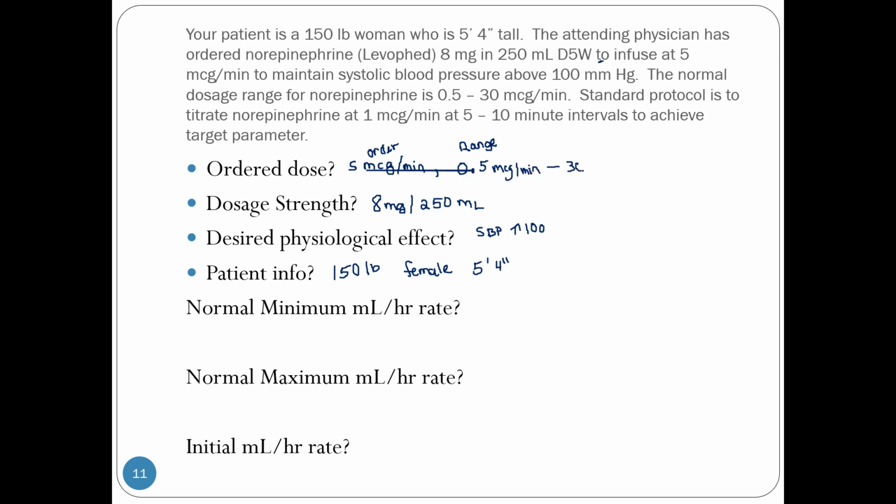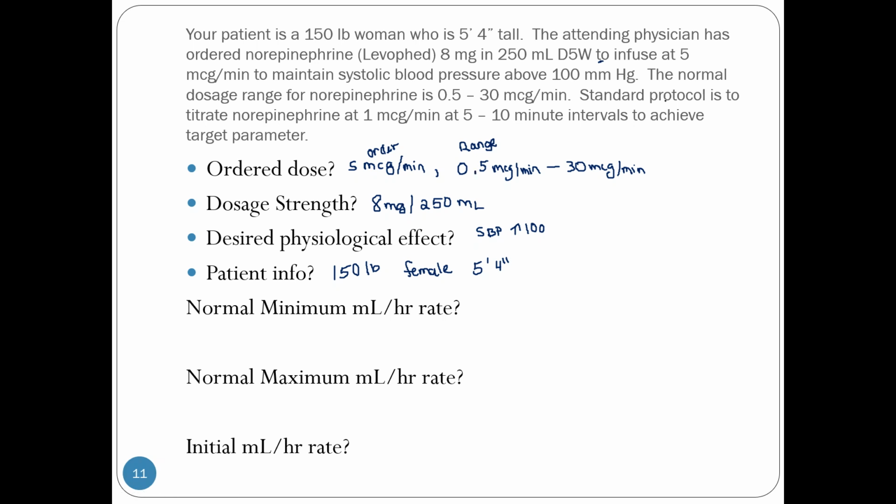So really huge range there that I can adjust the med. And I see with this med, with us starting at 5 for the ordered start, we could definitely adjust up or down as needed because we're not starting at the minimum on this particular med.